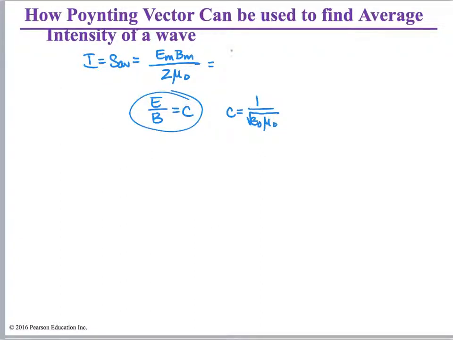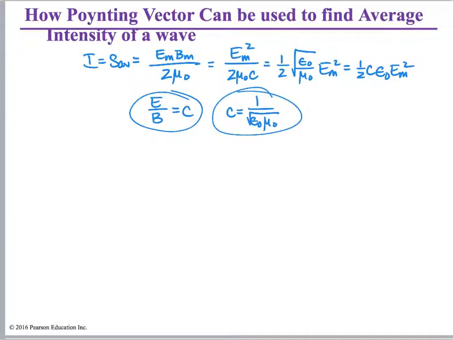So using that, we could write this as E max squared over 2 mu naught c, which could also be written as 1/2 the square root of epsilon naught over mu naught E max squared, which is equal to 1/2 c epsilon naught E max squared. So there are lots of different ways we can write this, and this is just in terms of the electric field. We could do the same thing with the magnetic field. It would basically be whatever is convenient, but keep in mind we're using these relationships and starting with this.